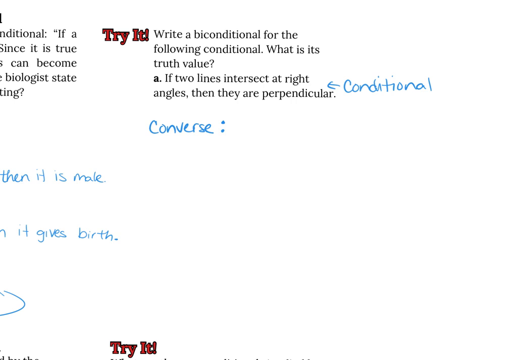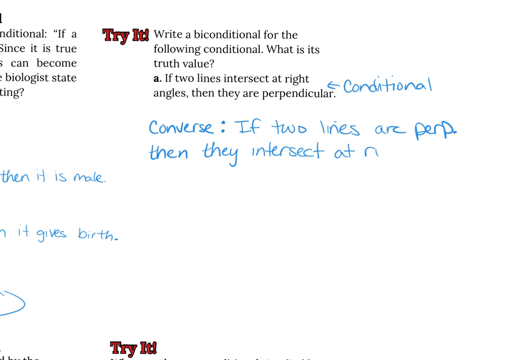So if two lines are perpendicular, then they intersect at right angles. Okay, well, both of those are true statements, so our biconditional is true.